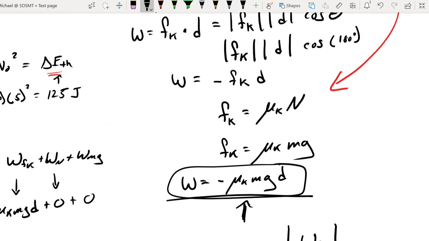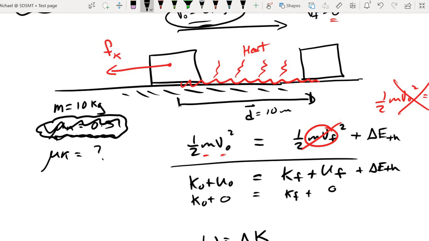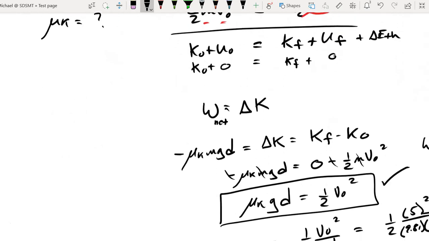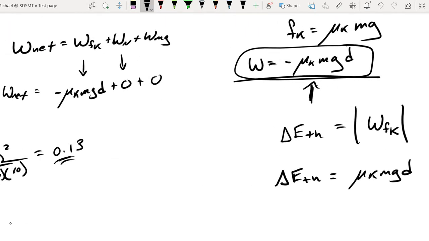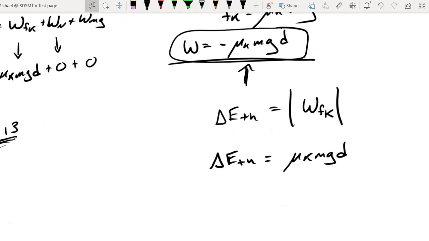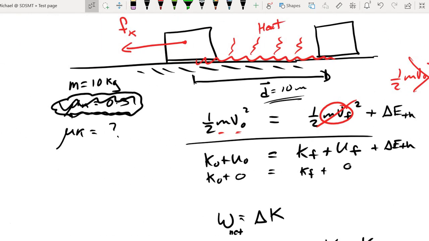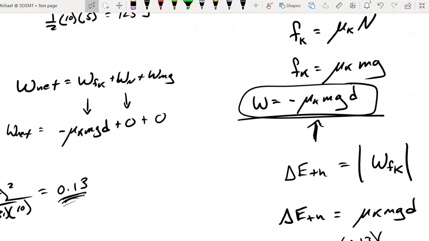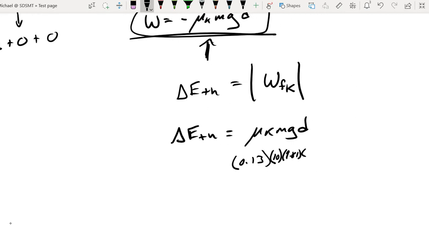We'll have to be careful as to which situation we're working with, but let's go with the 10 meters and the new 0.13 for our coefficient. We had a mass that was, I can't remember, this is why I write this down, 10 kilograms. Mass of 10 kilograms, 9.8 for gravity, and a displacement of 10.